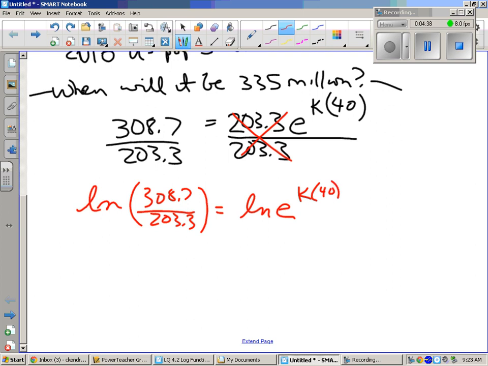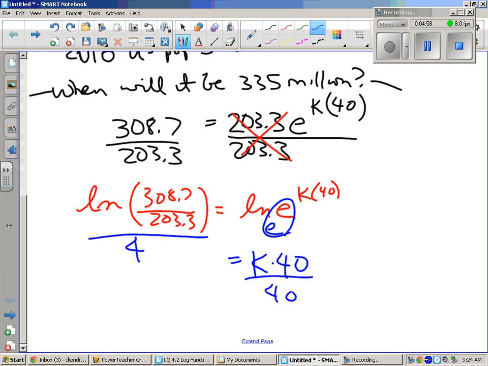Now the reason I took natural log is because I have an e. Don't forget that the base of natural log is e. So if I have these the same, then it's just k times 40 on the right. The natural log of all of this, we are going to divide both sides by 40.